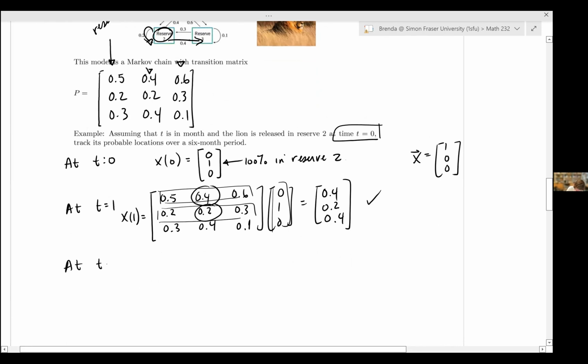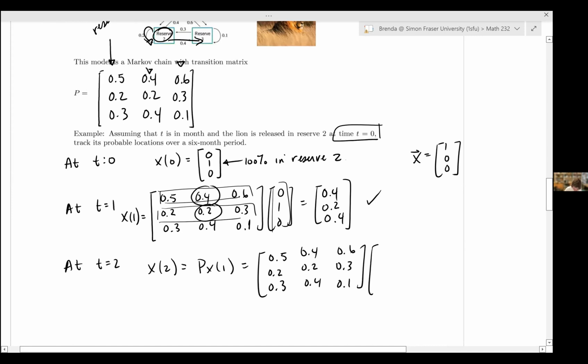Okay, but now that we've got the matrix like this, we can ask what's happening at time t equals 2, and that would be x of 2 is going to be P times x of 1. And then that is P, our transition matrix. This matrix does not change.